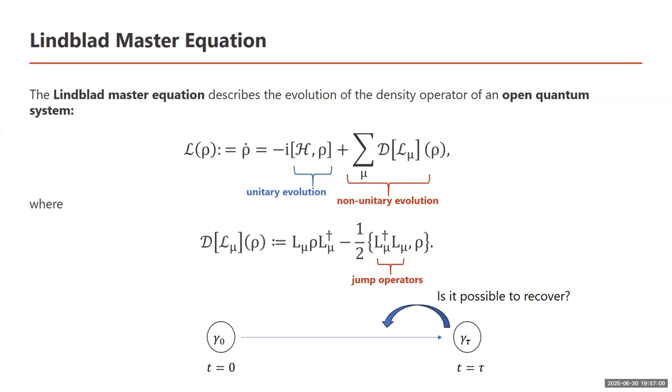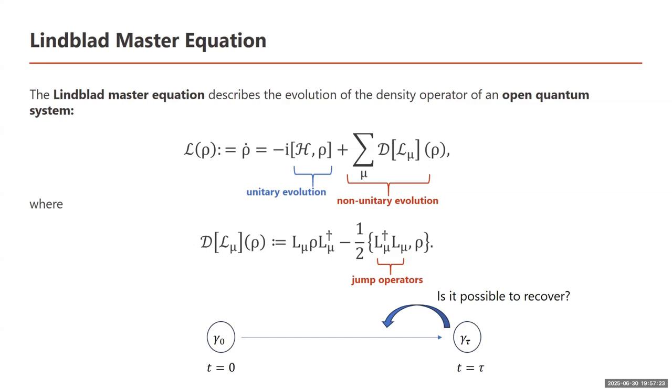So we have reviewed what the Lindblad master equation is, and a natural question arises: if the state at time tau is given, is it possible to recover the original state from gamma tau to gamma 0?